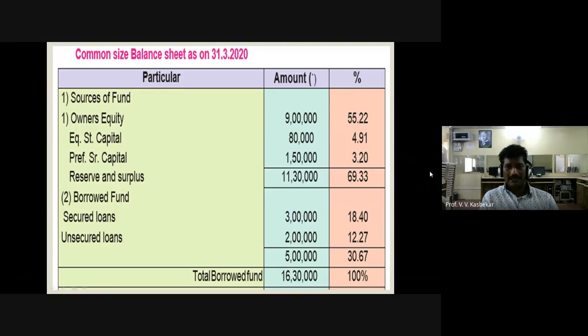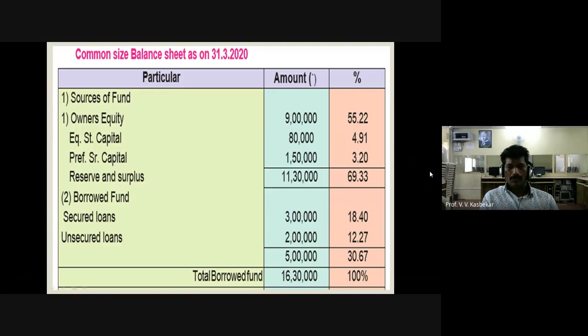Okay, so let us see. Owner's equity 9 lakh, equity share capital 80,000, preference share capital 1,50,000, and total of all these sources of funds 11 lakh and 30,000. Okay, now borrowed fund: secured loans 3 lakhs and unsecured loans 2 lakhs.